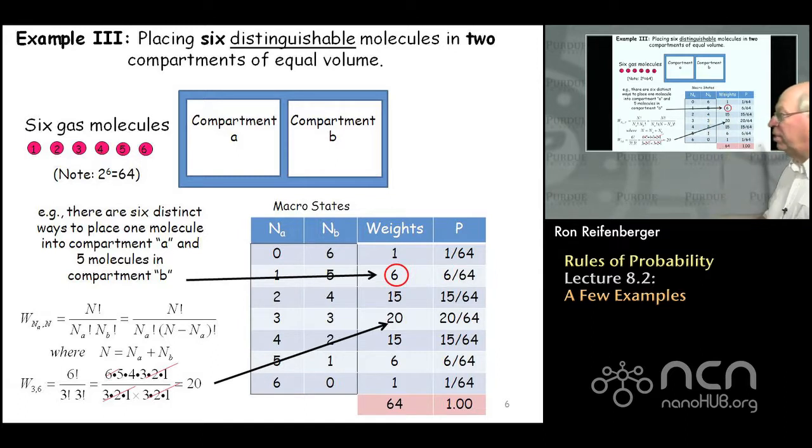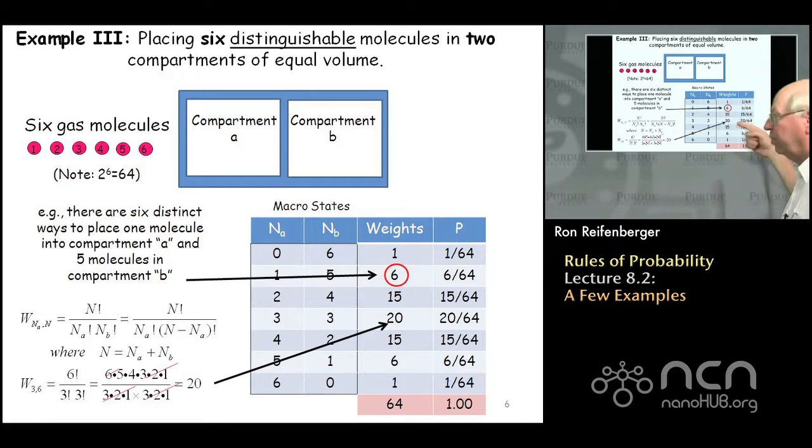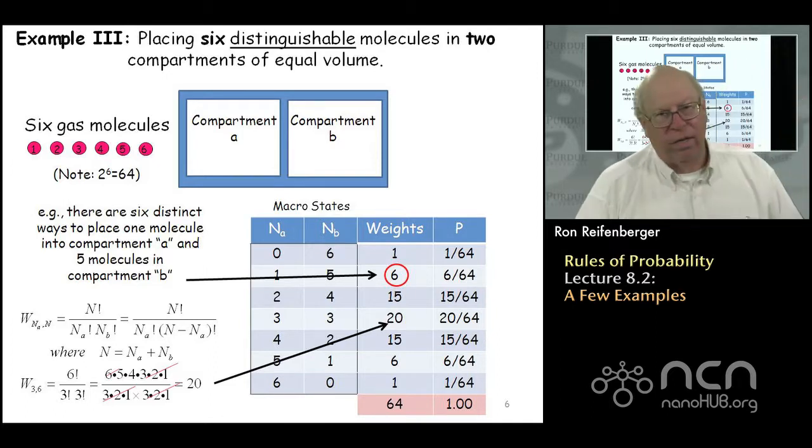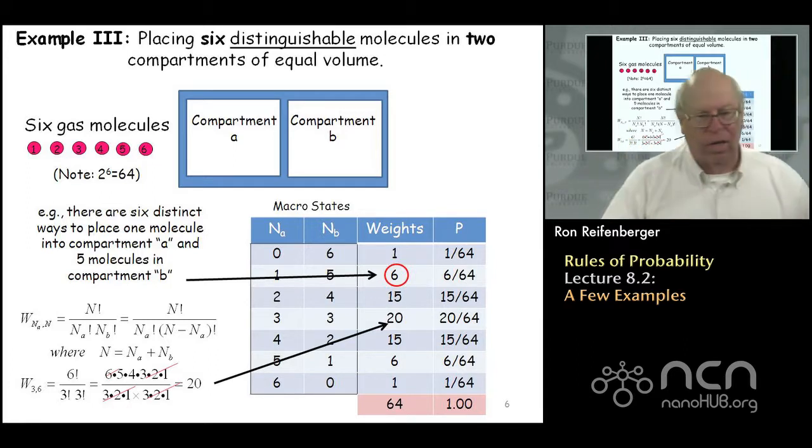And what you can do is you can generate these various weights. You can also generate the various probabilities. And you can prove to yourself that if you sum up all these probabilities, you do in fact get equal to unity.